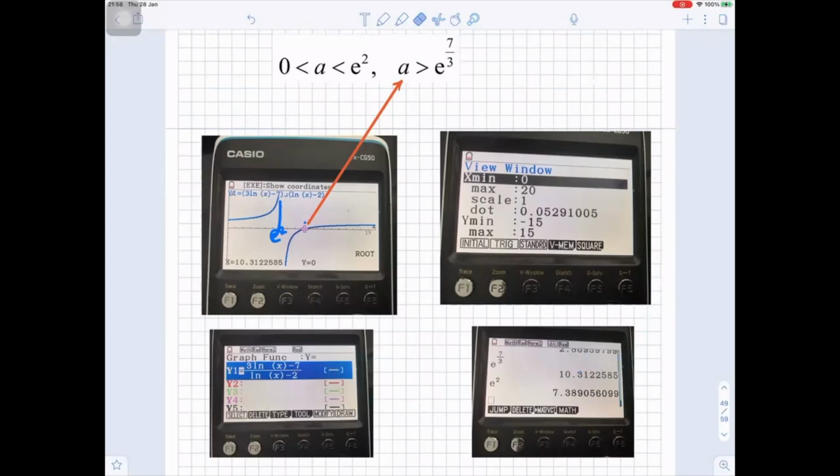And e squared is 7.3, which will be somewhere there. So between 0 and 7.3, it's above the x-axis. And then it skips, and then it starts again from 10.31 to be above the x-axis.